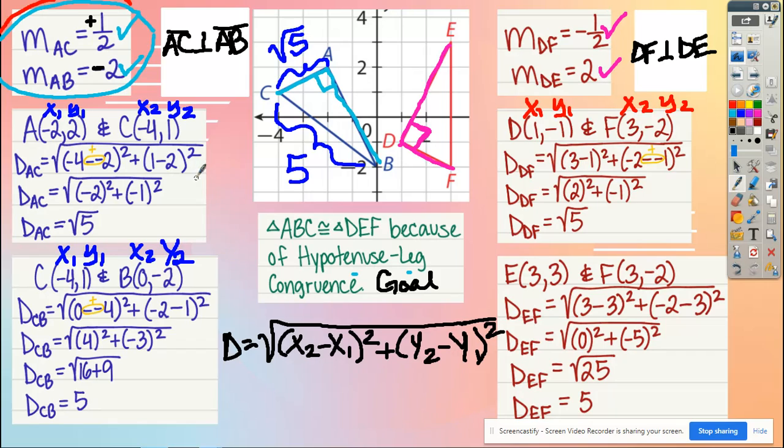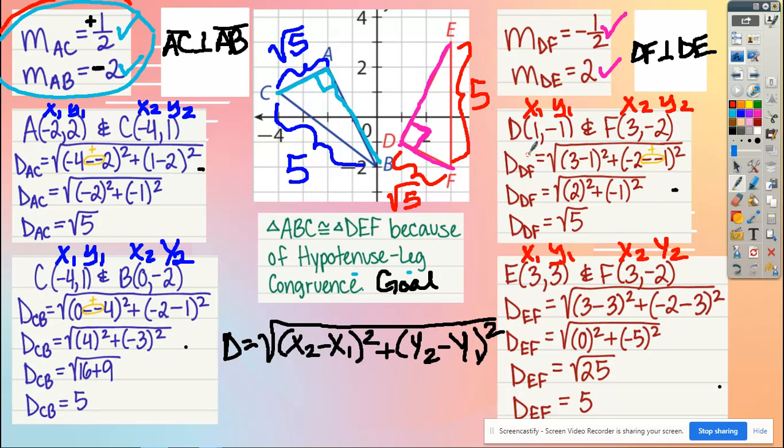So that's what I did for these 4 problems right here. So the distance of DF ends up being the square root of 5. And then I also did the same distance formula with EF, and I got just a 5 because it was the square root of 5.